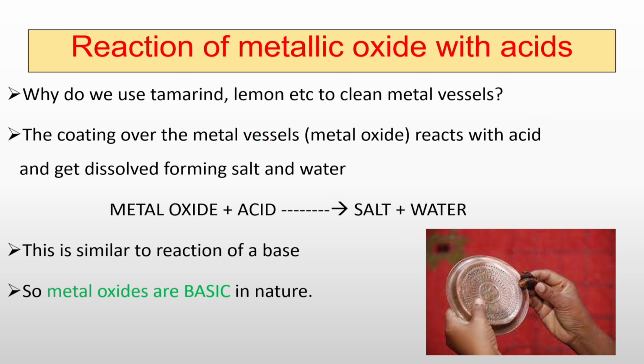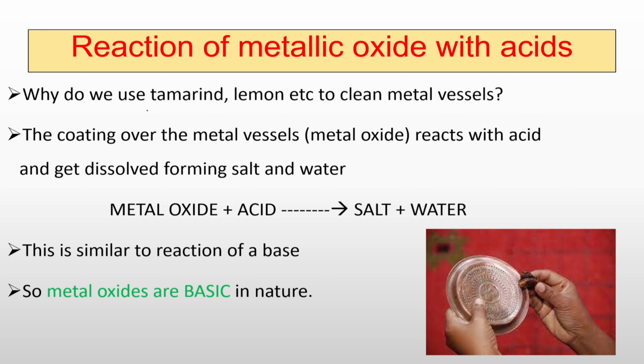Then in the first chapter itself, I told you the nature of metal oxides. Metallic oxides are basic in nature. Always remember, metallic oxides are basic in nature. So since it is a base, when it reacts with acid, again you know that acid and base form salt and water, a neutralization reaction.